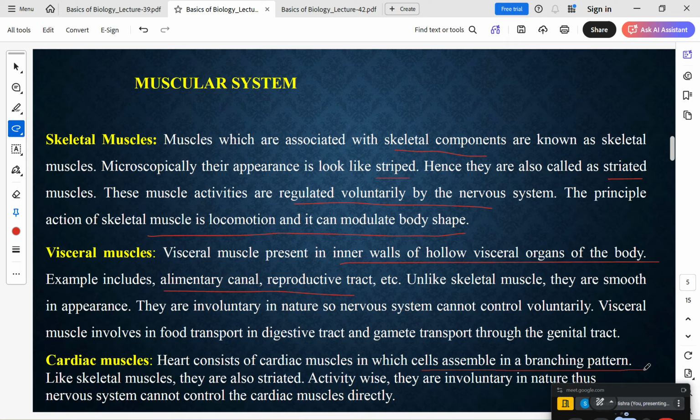These cells are assembled in a branching pattern. So cardiac muscles look a lot like the skeletal muscles, but the only difference is they are branched in nature. They are also involuntary. So cardiac muscles come somewhere in between. They have some properties of the skeletal muscles, and some of the visceral muscles.